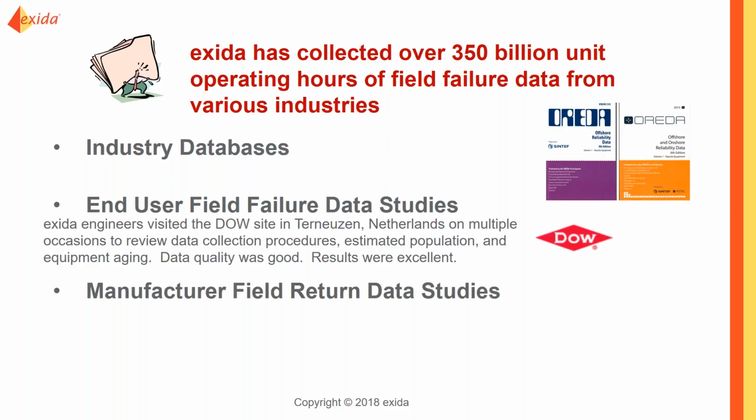And so we meet with Dow in the Netherlands on multiple different occasions. We've actually gone through the ARITA database with a fine-tooth comb to make sure that all the numbers in there are comparable to ours. We'll look at all the manufacturer field return data studies, and I'll share with you a little insider of what we look for when we talk to manufacturers.